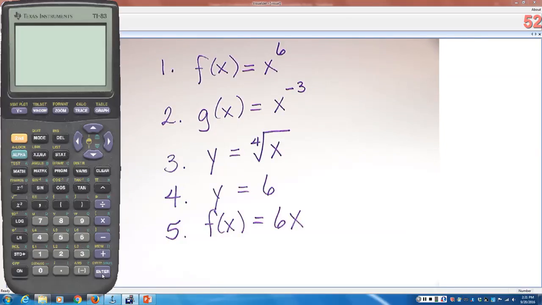It follows the constant rule, the first one we talked about. Still got a few minutes.